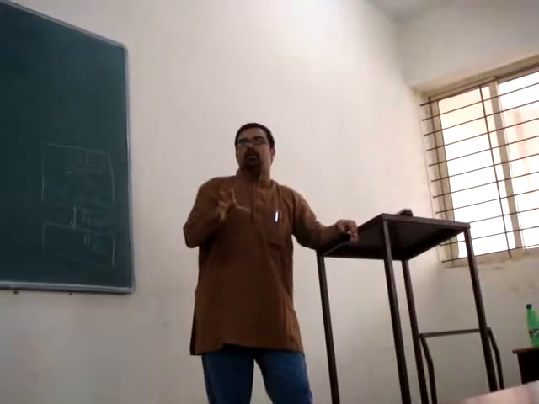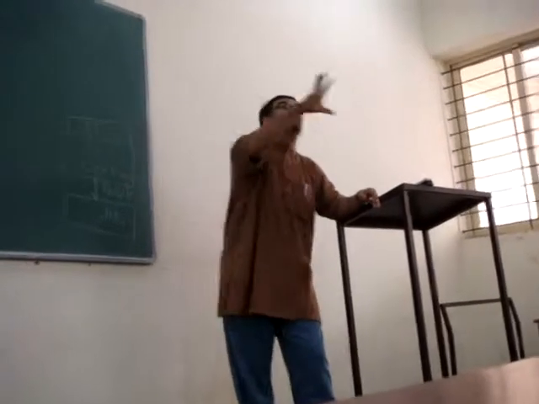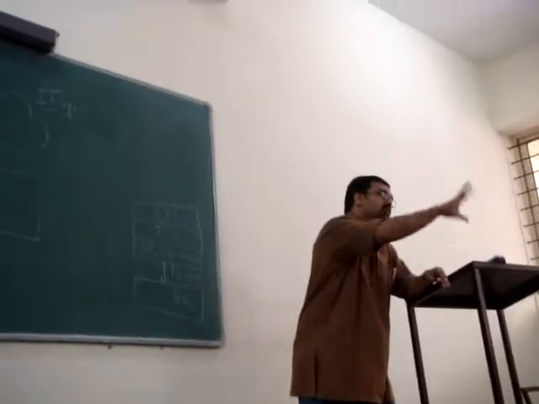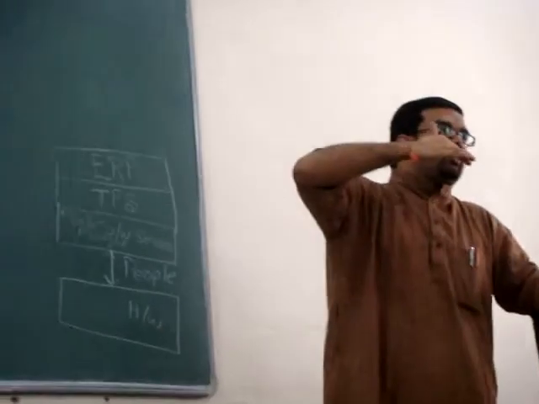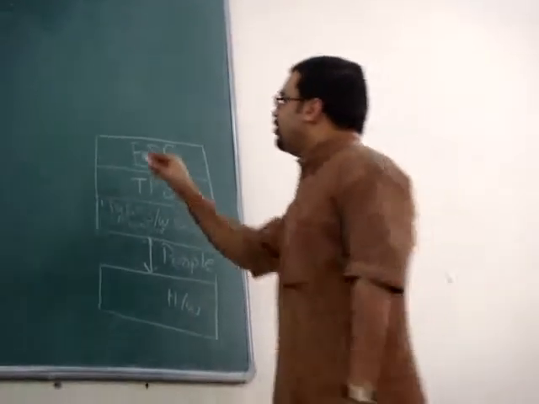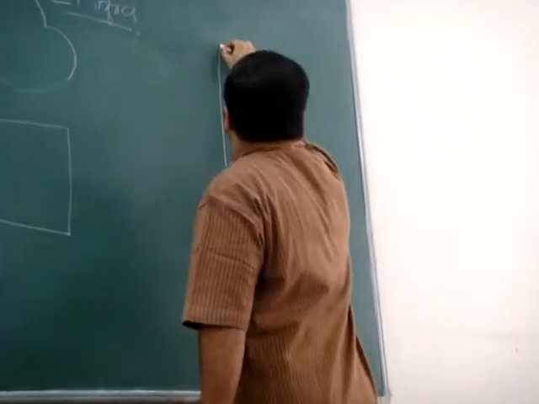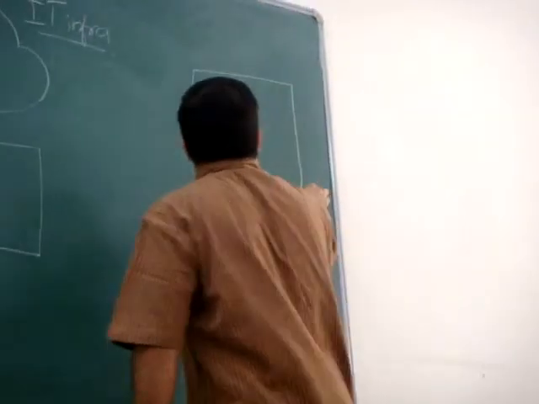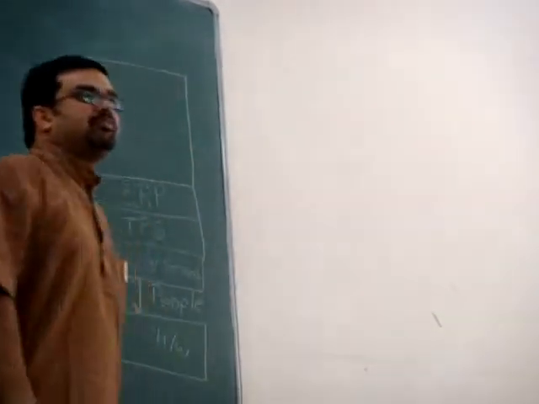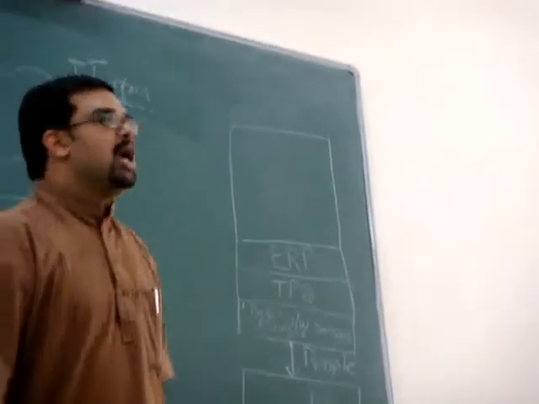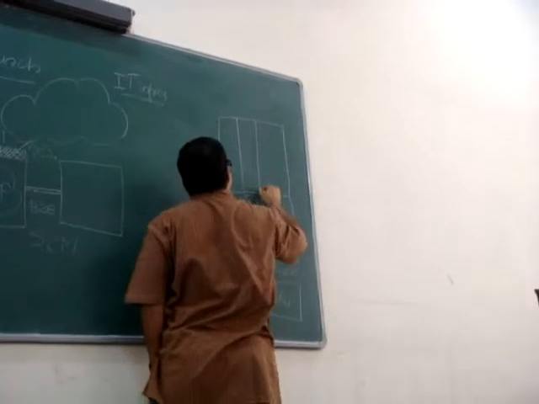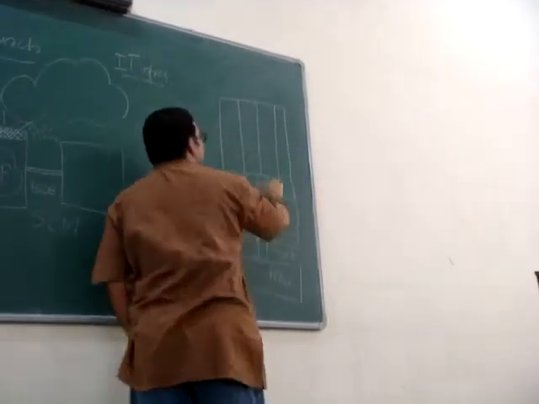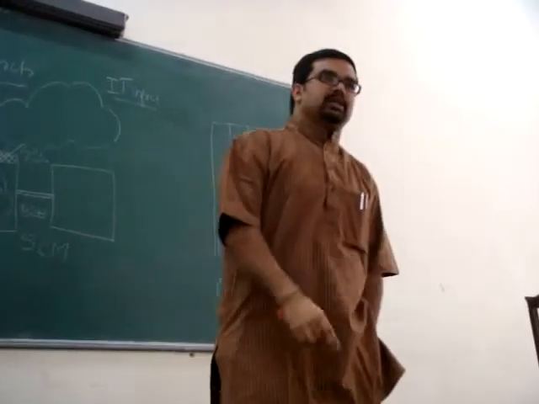ERP, enterprise resource planning systems, are those which take care of every functional unit in an organization. So these two information systems are at the lower part of the pyramid. Above this, we build a host of information systems, depending on what you need.